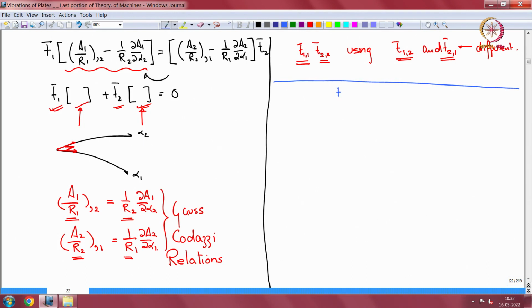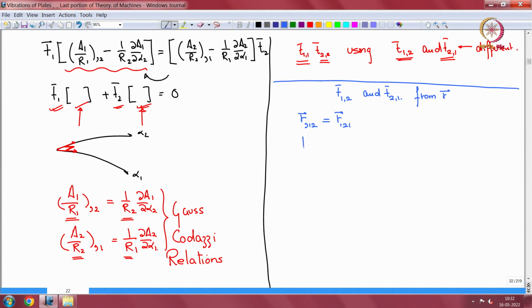So, T1,2 and T2,1. We will do it from R bar. Now, R,12 is equal to R,21.